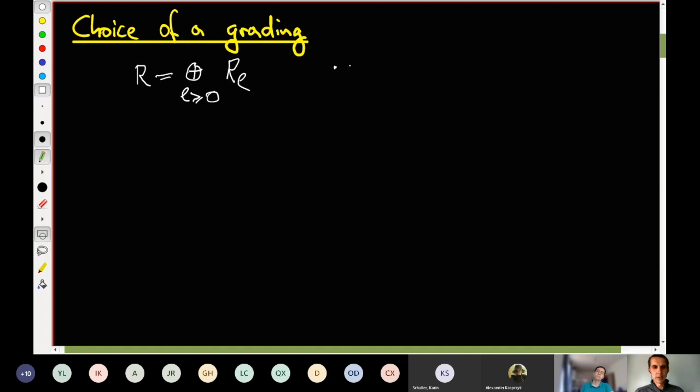So actually, we are going to look at a finitely generated C algebra here. And what else? We want, let's say, this C algebra to be Gorenstein. And maybe we want to have an isolated singularity.